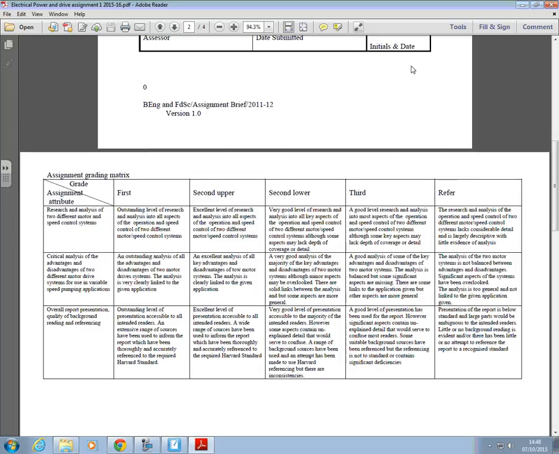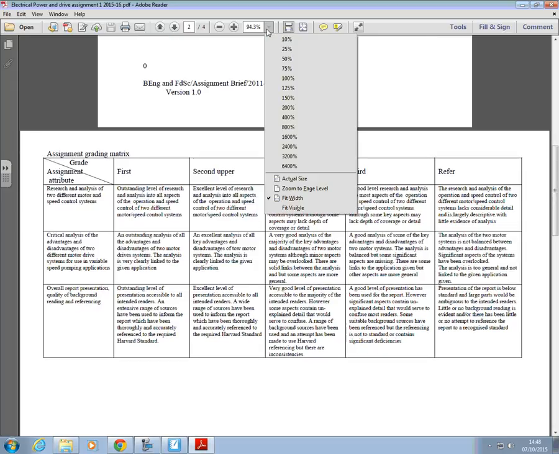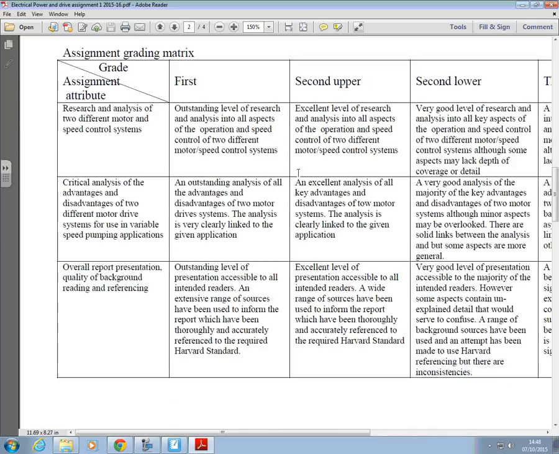On the second page, it's not that visible, but this is the grading matrix. So I'm going to zoom in on that a little bit and just look. I'm going to look down the line of second upper, or 2-1 as we call it, and first. There's three general areas I'm grading you on here. They're in this left-hand column over here.